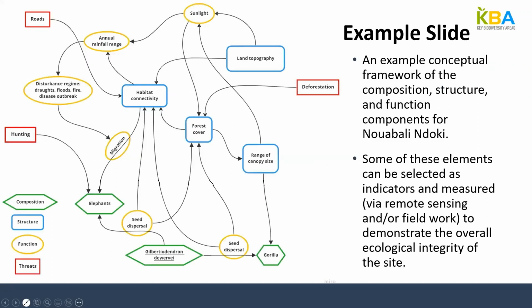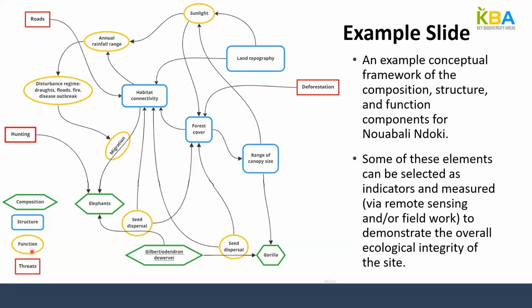So, for instance, in this simplified example concept map of the composition, structure, and function for Nouabalé-Ndoki site in the Congo Basin, you can see the composition, structure, and function components of the ecosystem. In the green hexagons, you can see the composition components. The blue rounded rectangular boxes show indicators related to structure.